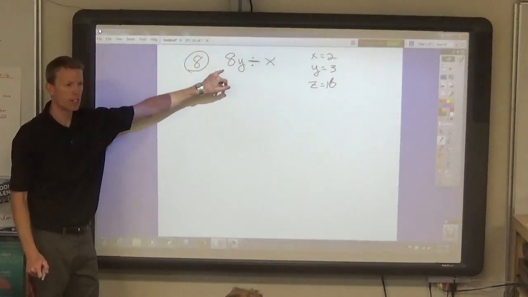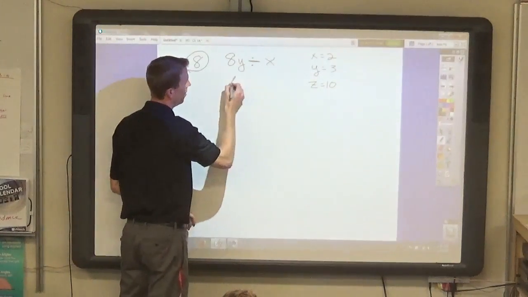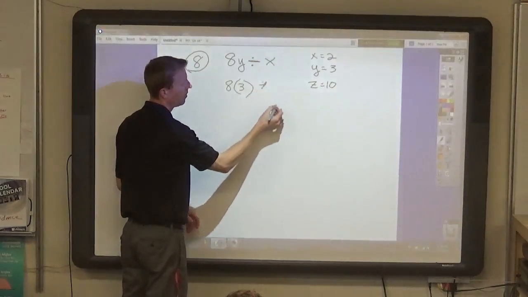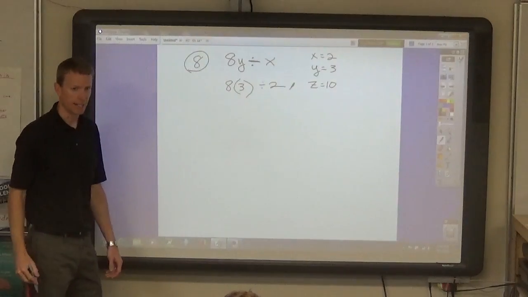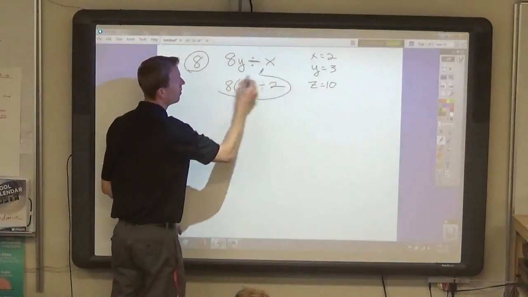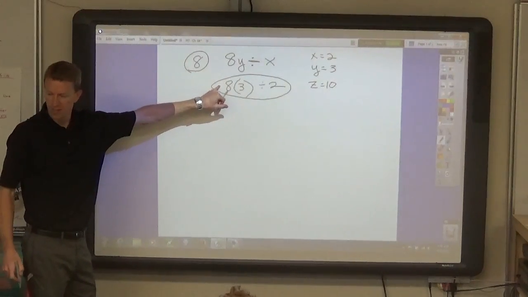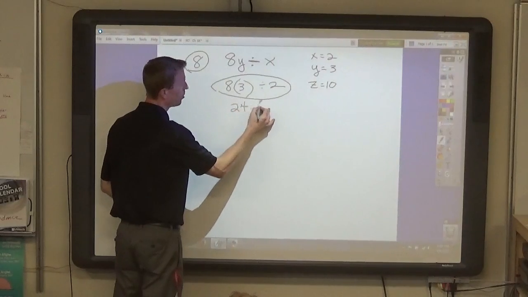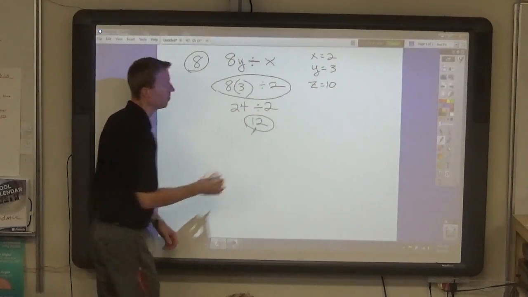And then substitute the numbers in. So, 8 times y divided by x. That's the first step, first point. And then evaluate it. Find the answer. 8 times 3 is 24, divided by 2 is 12.